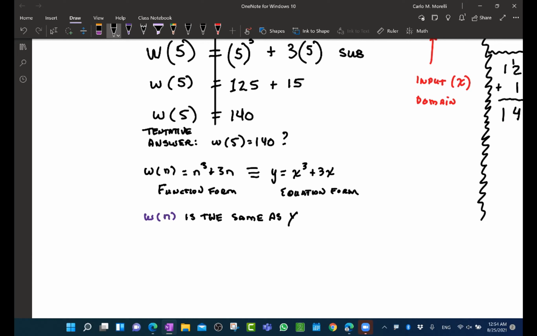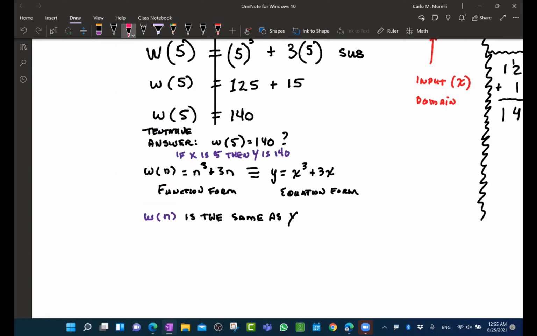So we are saying that the output value, think about what we're saying, guys. This is why I'm doing this so slowly. We're saying that, let me write it all out. We're saying if X is 5, then Y is 140. All right, so that's like a coordinate pair.